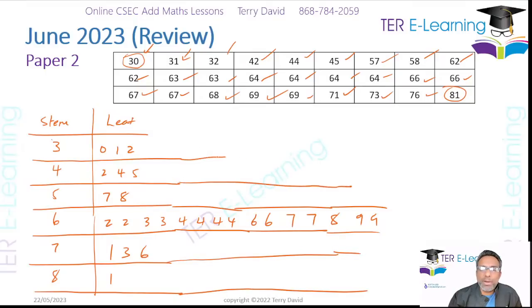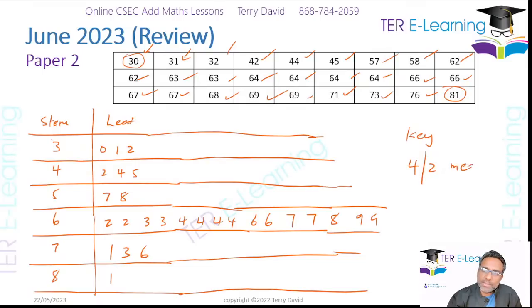Just remember, when you put your stem and leaf diagram, you need to give a key. So my key, you could use any one that you want. So let's say if I put 4|2, you're going to tell them what that means. It means 42. So please, when you draw a stem and leaf diagram, please indicate what the key is.